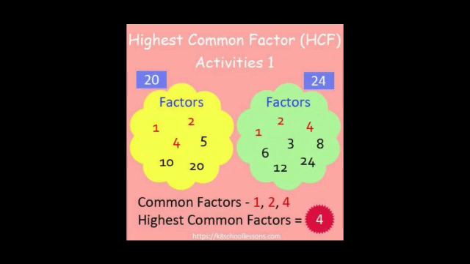From these two lists, it is very easy to find the common factors. They are nothing but 1, 2 and 4. Among that, which is the highest number? No doubt it is 4. So HCF of 20 and 24 is 4.